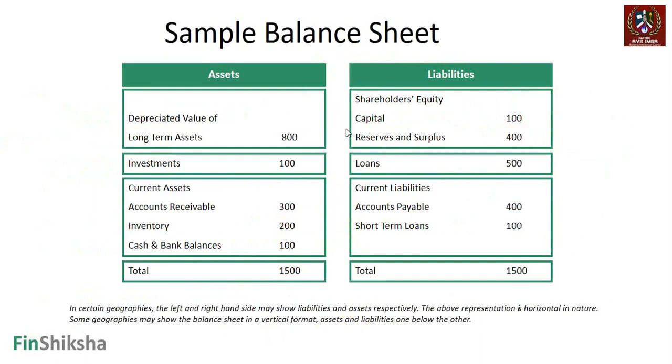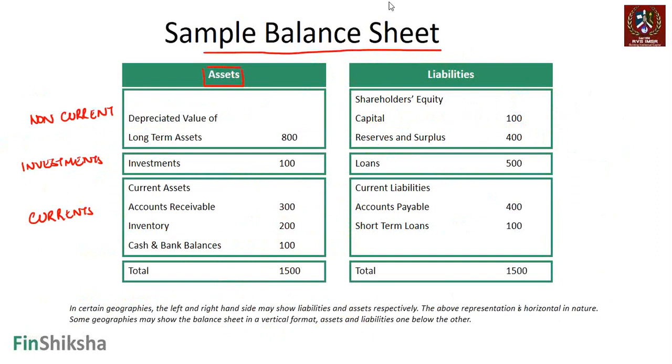So when we look at this, the important part is a sample balance sheet would appear something like this. On the asset side, you have what is called non-current assets, right? Then you have the current assets, and what is left is known as investments, right? We'll look at this in more detail as we go along. On the liabilities side, you have what is called the owner's equity.